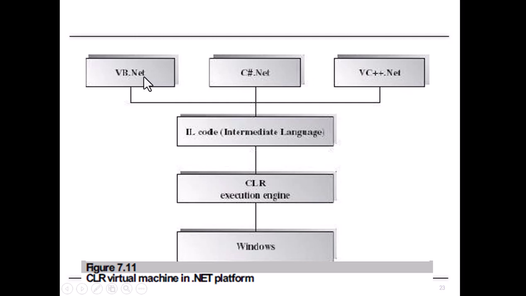So the interpreter converts the code style to the intermediate language, which is a common language, and then the common language is executed here, and then we have the operating system, and then the code is converted to machine code by the operating system.